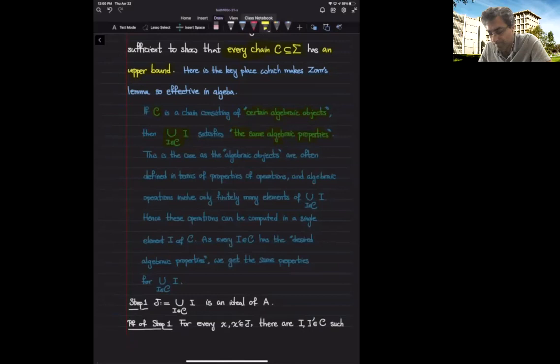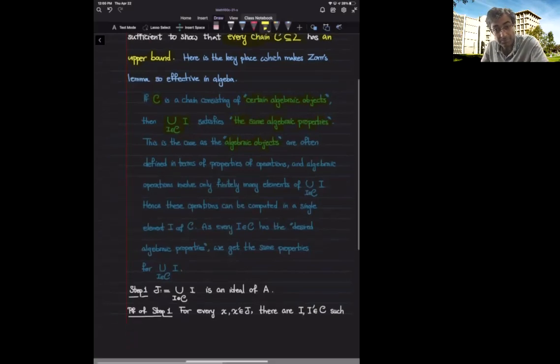Algebraic objects are defined in terms of certain operations, like ideals are defined using addition and multiplication. So in order to check if the union has the same algebraic operation, we have to take these finitely many elements from this union.